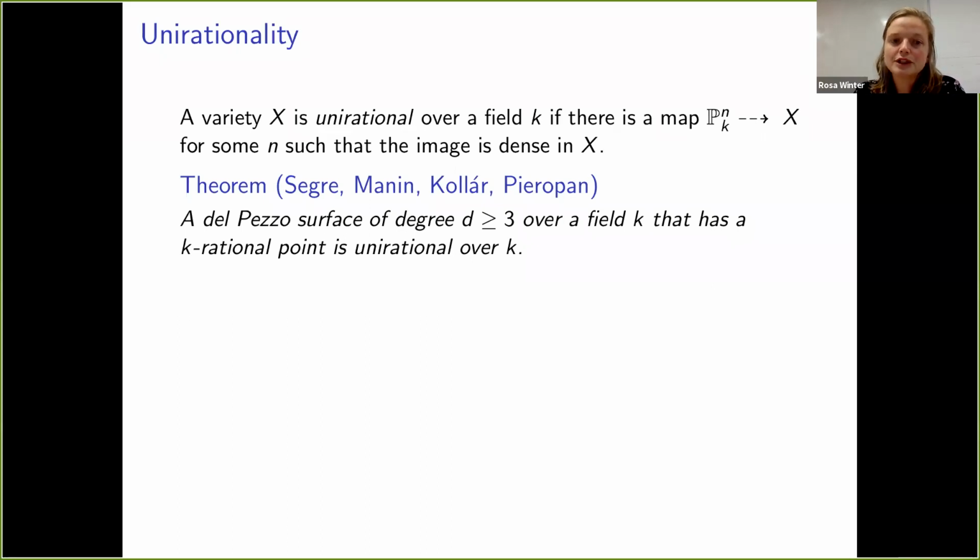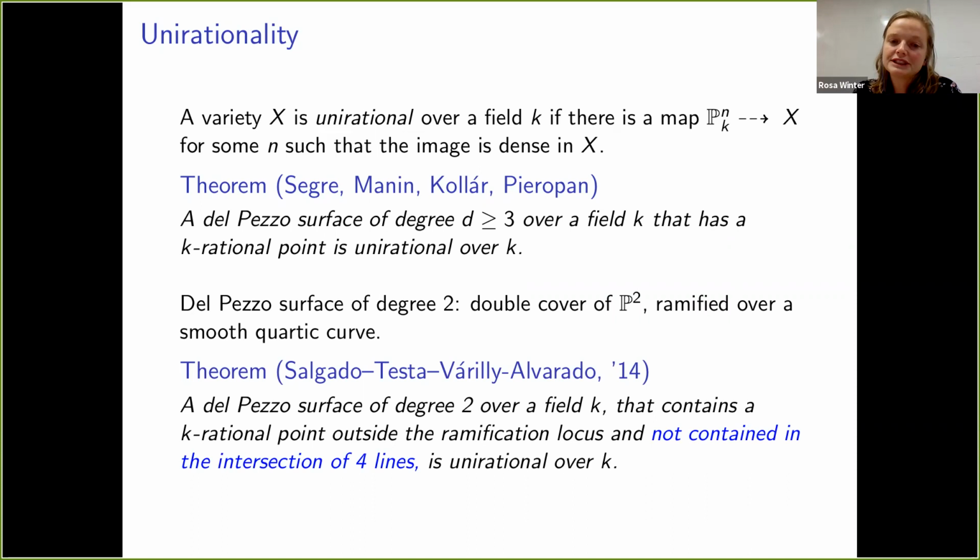This was first proven by Segre over Q for degree 3, and then Manin did it for degree at least 5, I think, for any field, and for degrees 3 and 4 only over certain fields, and then Colliot-Thélène finished the degree 3 case, and Pieropan finished the degree 4 case.